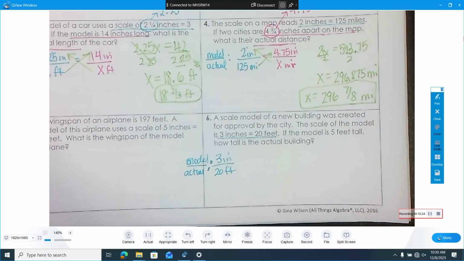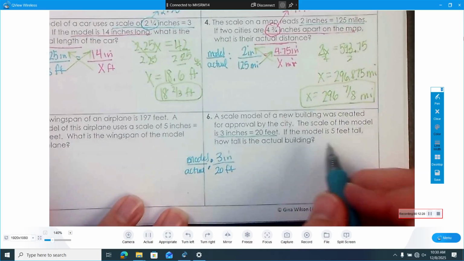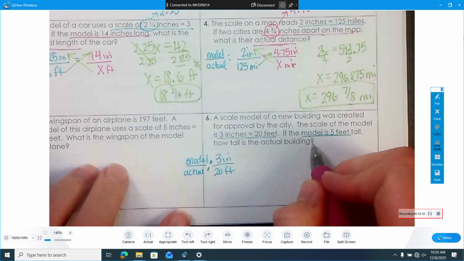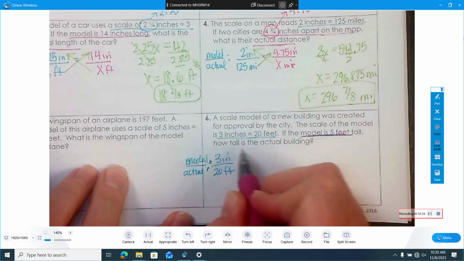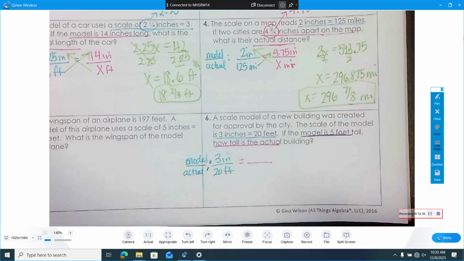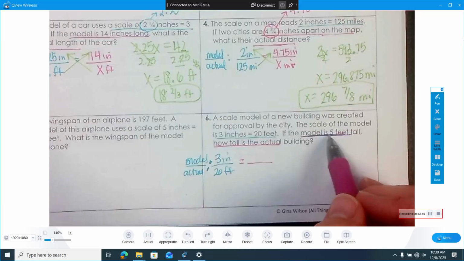We got the model on top and the actual size on the bottom. It says the model is 5 feet tall. How tall is the actual building? So where do we put the 5 feet is my question. At the top.